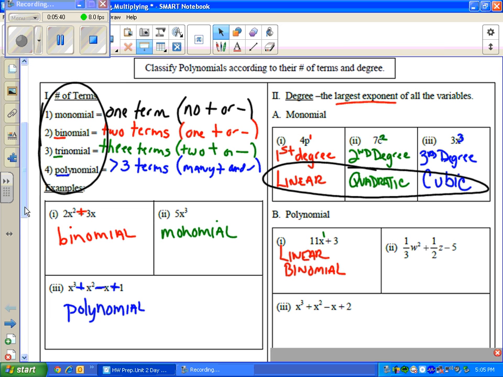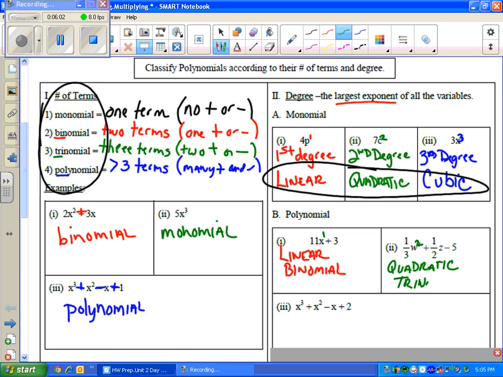Number 2 has 3 different terms, which means it's going to be a trinomial. And of each of the terms, the largest exponent you see there is the 2 that's on the W. So it's going to be a second degree, which we'll call a quadratic. It has 3 terms, so this will be a quadratic trinomial.